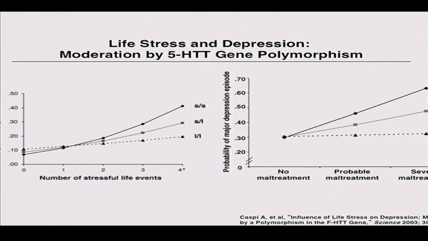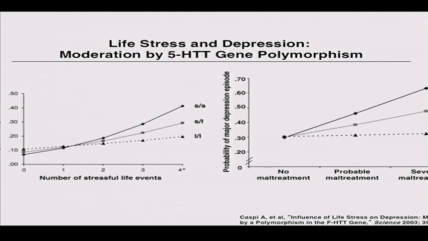And conversely, whether the gene variant is relevant, this is the important part, whether the gene variant is relevant to your experience of depression depends on whether or not you experience stress. If you never experience any stress, you might never have reason to express that gene.